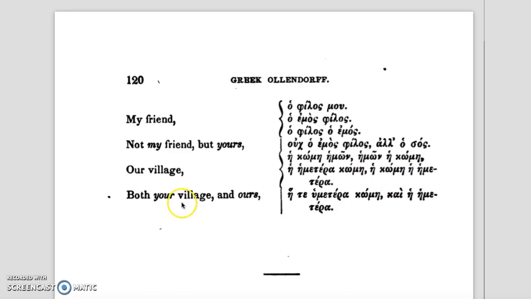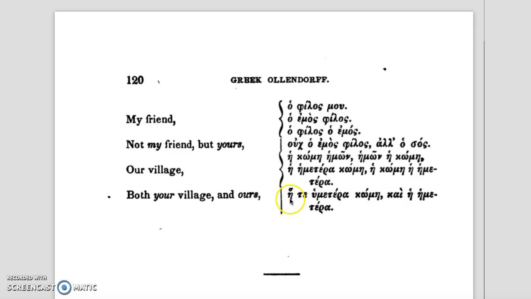Okay, both your village and ours. E te iumetera come, que e emetera. Now this the has its accent because it's being thrown back from the te and the ke there.